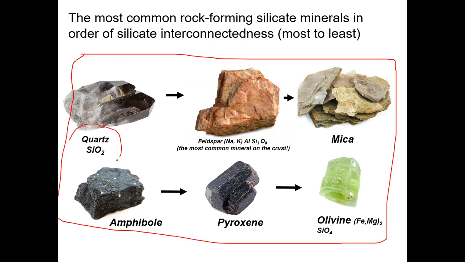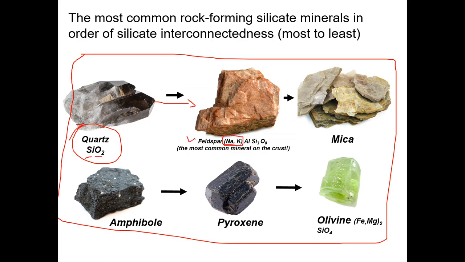So quartz, SiO2, basically silicon dioxide, is a framework silicate and has a high degree of interconnectedness. So do feldspars. You'll see there are 2 types of feldspar. This particular type is called a potassium feldspar, because it has some degree of potassium in it.